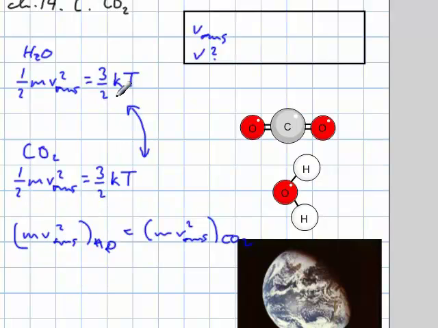And as I said, the right hand side equals, of course, nothing survives there, and both have a factor of 1/2 which divides out, and then I figure out what the VRMS is of the, I'm sorry, of the CO2.